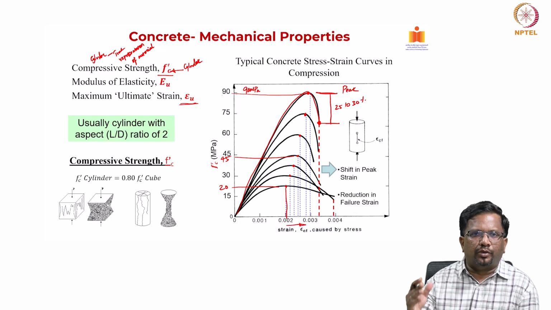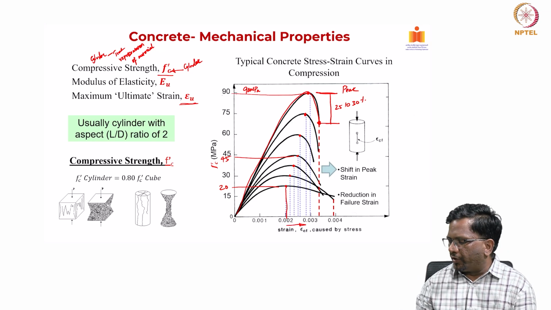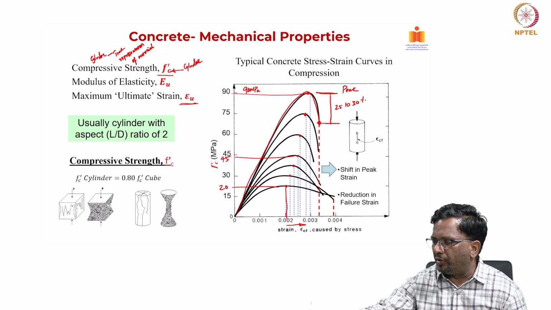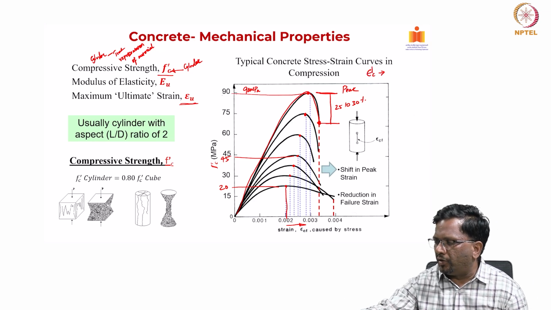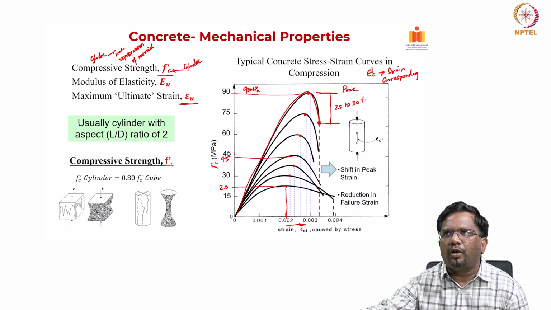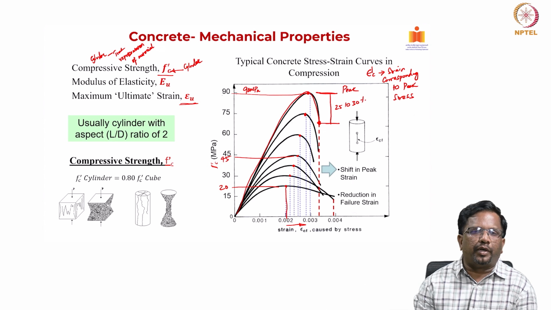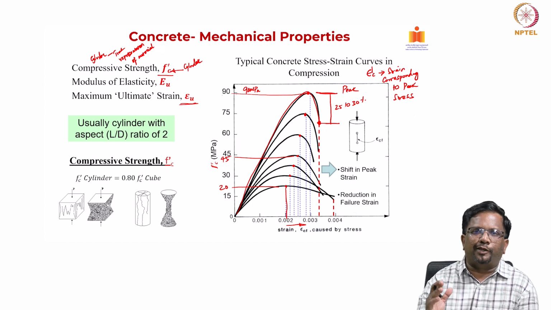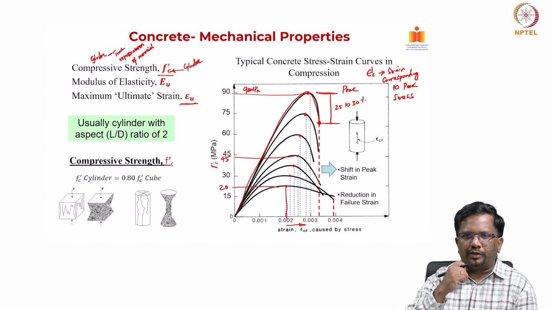Okay. So, epsilon prime c is what we call the peak strain, the strain corresponding to peak stress. Okay. That epsilon prime c keeps increasing as the strength of the concrete is increasing.